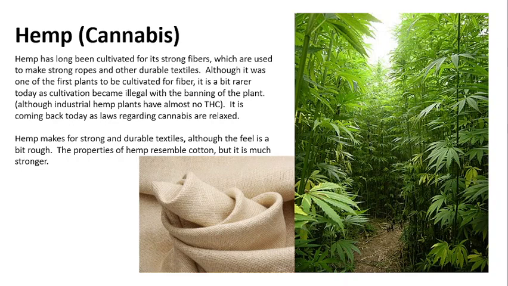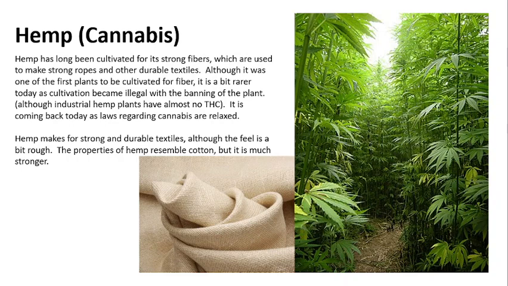Hemp makes for really strong and durable textiles, although it feels a bit rough. This is why it was typically used for more sort of industrial products, ropes, sails, burlap sacks like for coffee and things like this, although you can find more refined hemp fiber clothing.